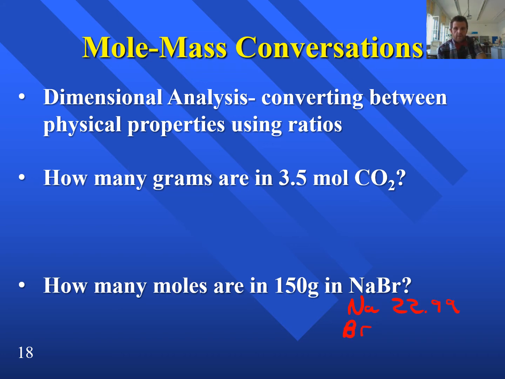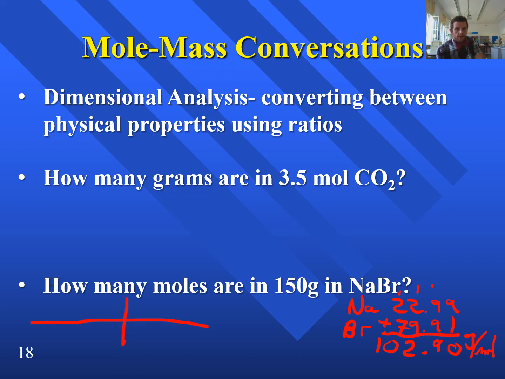Bromine has a mass of 79.91. Since there's only one of each of these, I can just add them up. That gives 102.90 grams per mole.